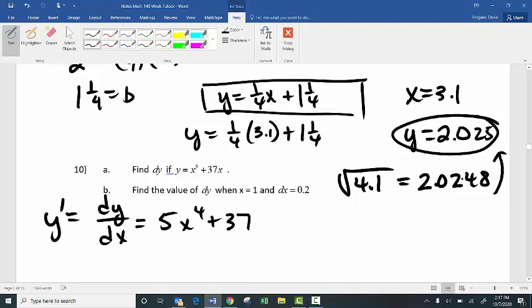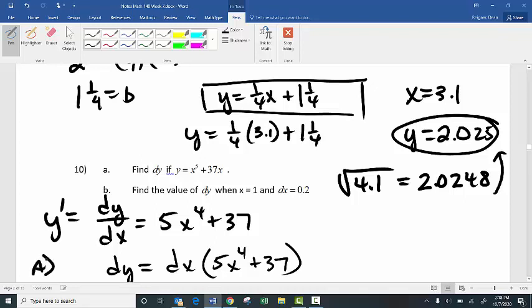Now it says find dy. So dy is going to equal 5x to the 4th plus 37 times dx. And that's what they wanted in part A. They wanted to just find what dy would be.